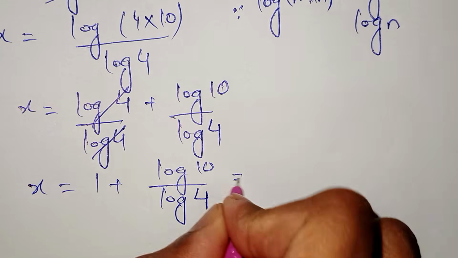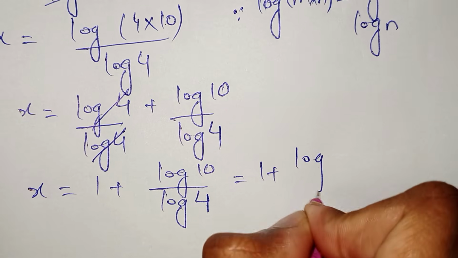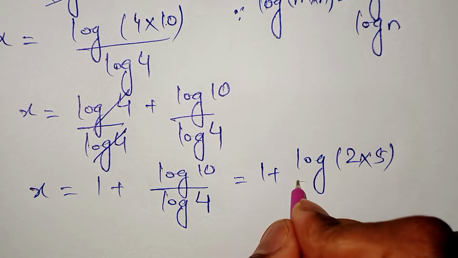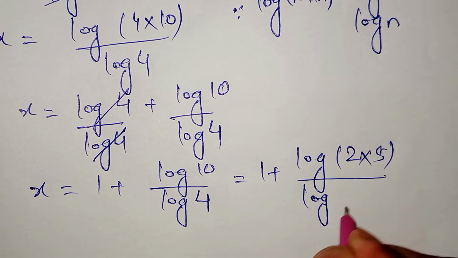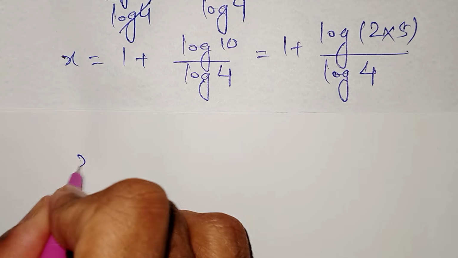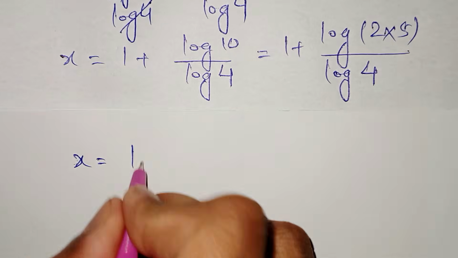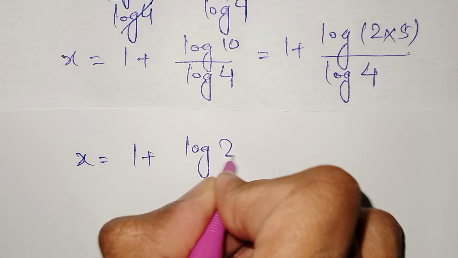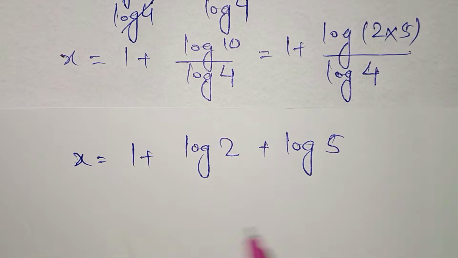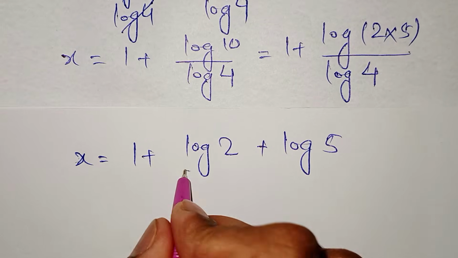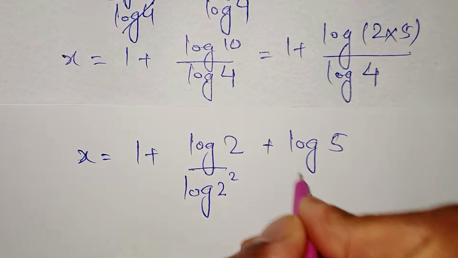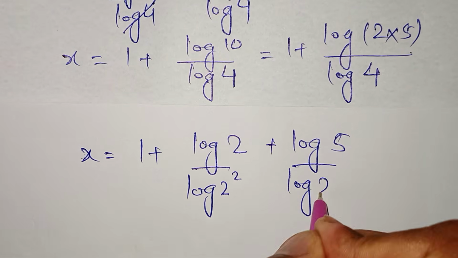We can write this as 1 plus log of 10, which is 2 into 5, over log of 4. Now x equals 1 plus log of 2 plus log of 5 over log of 4, and log 4 can be written as log of 2 square.